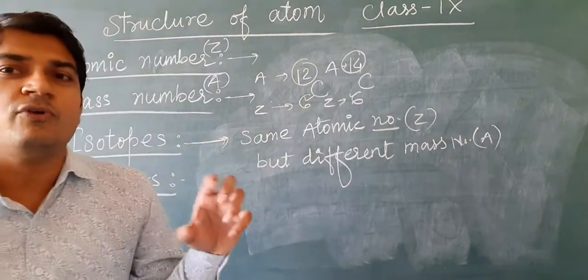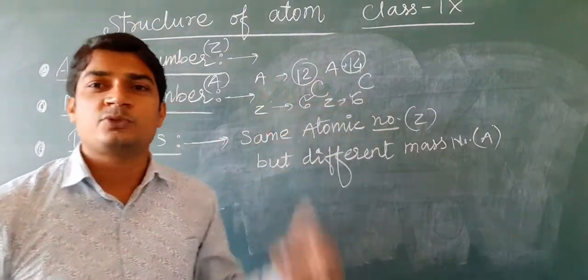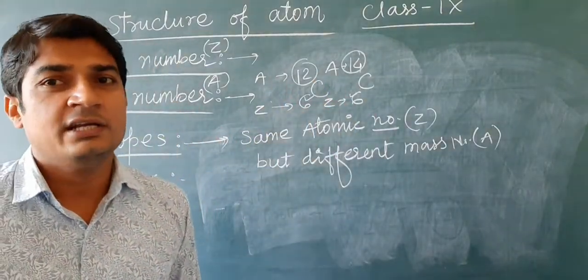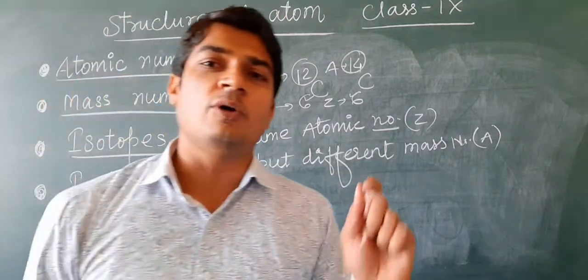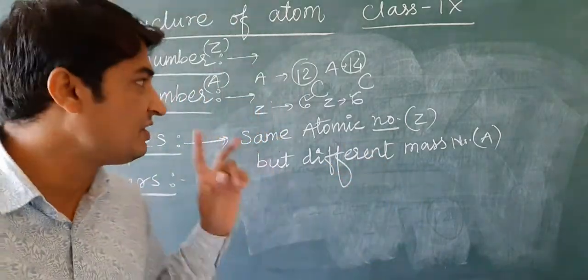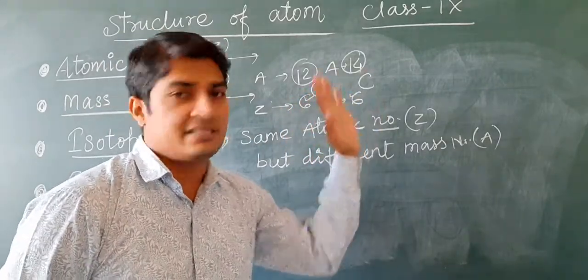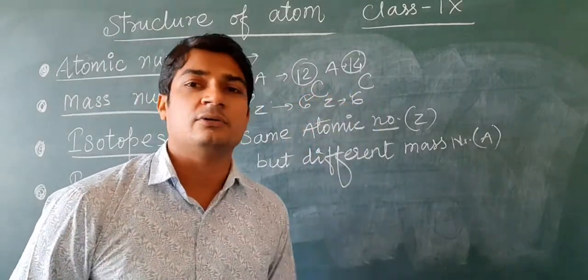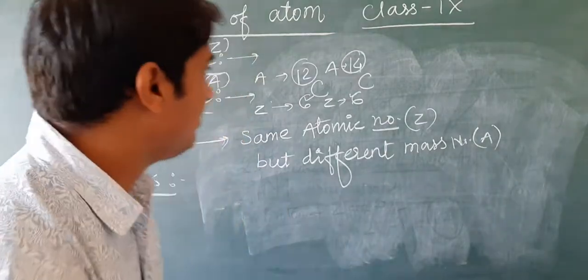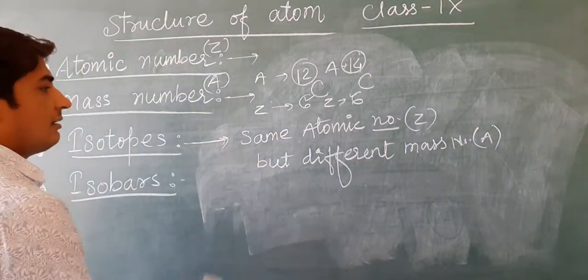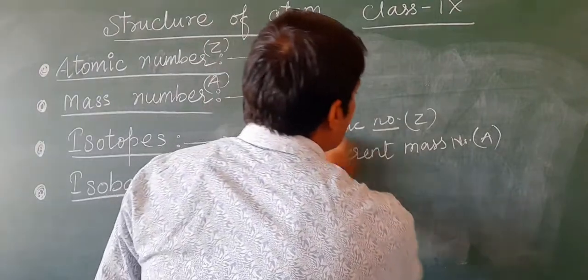Such atoms of an element are isotopes of each other. Okay, so isotopes are the atoms of the same element which have different masses. Different masses, जिनके masses क्या हो, अलग अलग हो. ठीक है, so they are considered as isotopes.